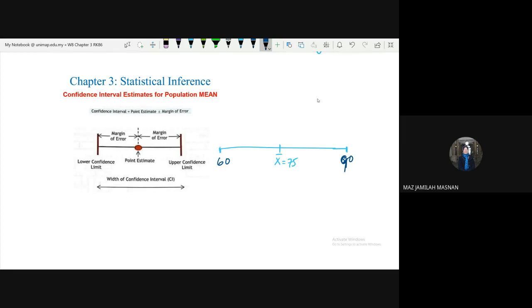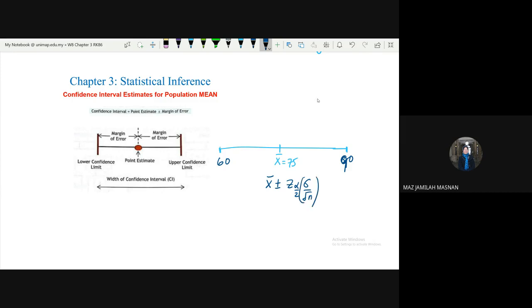So what happens is that if I have x bar plus minus, let's say I'm using one of my calculations of CI, confidence interval, I have z alpha over 2 sigma over square root of n.